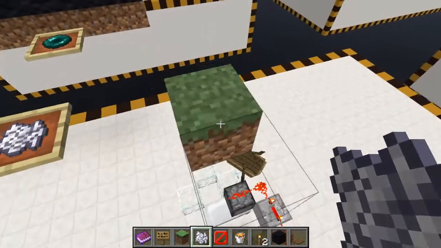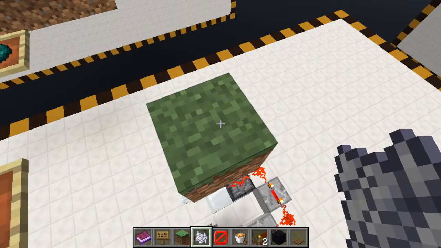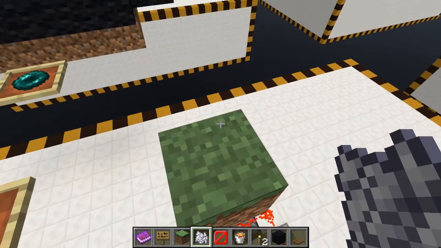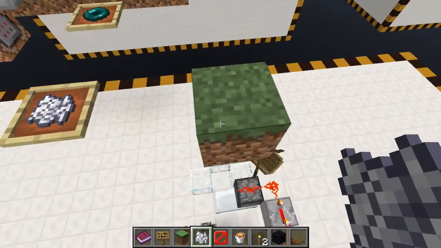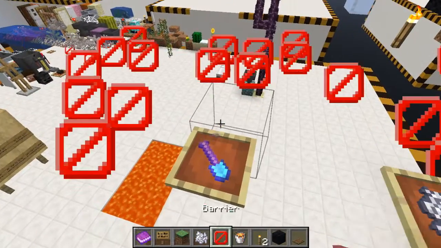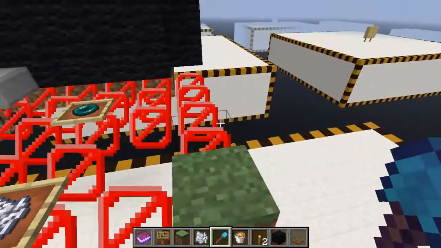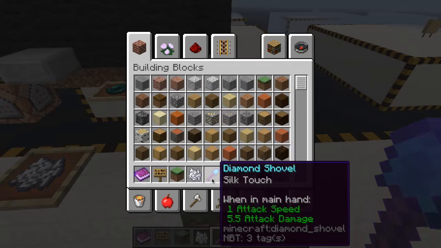What if I wanted to harvest this grass block? Well, I could, you know, get an enderman to pick it up for me, but that might take a while, and then I'd have to kill it, and it'd be a long process. So, of course, we have something more handy, which is not a barrier. I meant to pick block the diamond shovel, which is conveniently enchanted with Silk Touch.